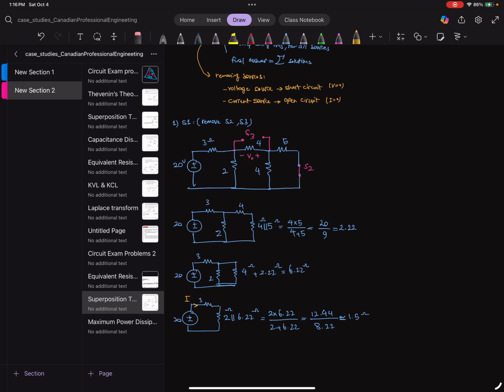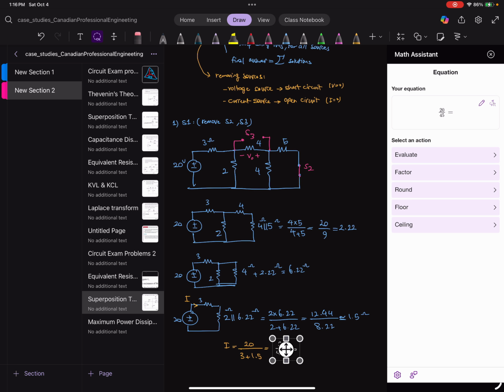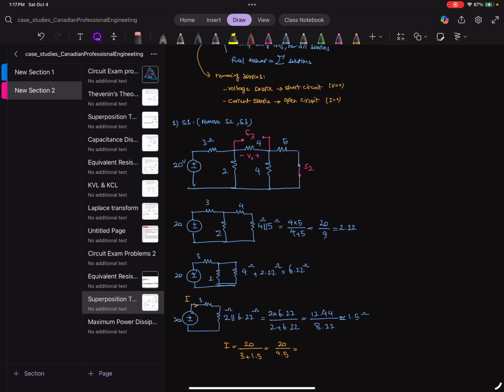This I is going to be 20 over 3 plus 1.5, 20 over 4.5, which is going to be 4.44 amp. Okay, so now we have 4.44 amp as a total.